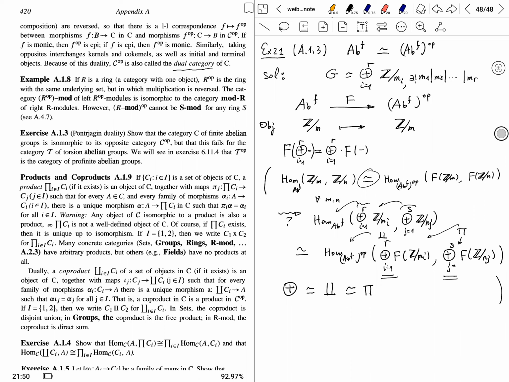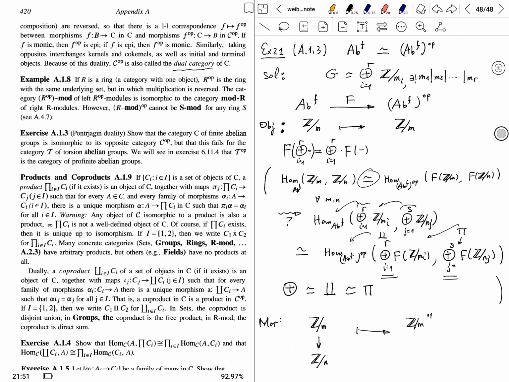So let's construct this functor at the level of objects, which I already defined, which is this. And at the level of morphisms, for any map from Z/m to Z/n, this is mapped to a morphism in the opposite category.